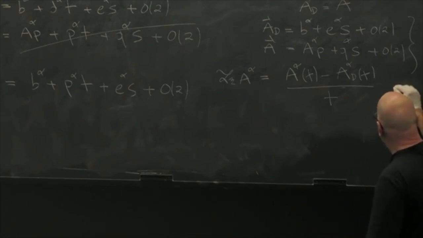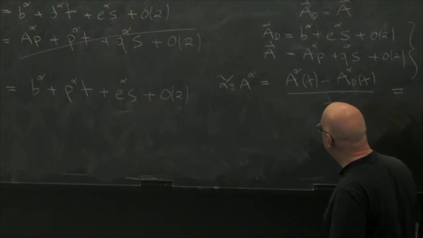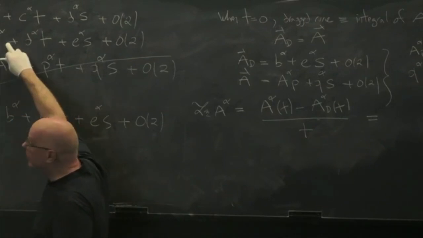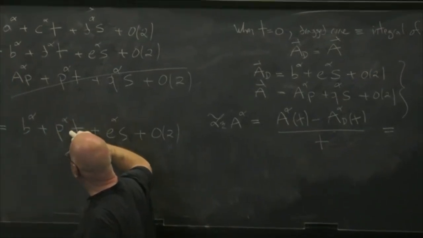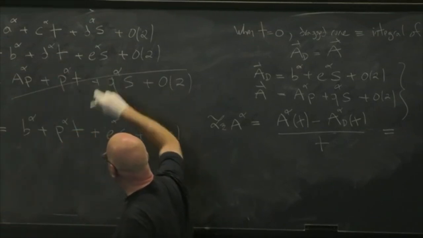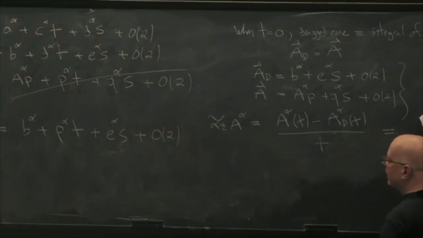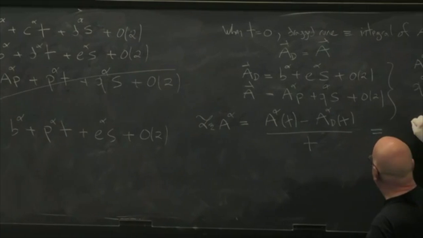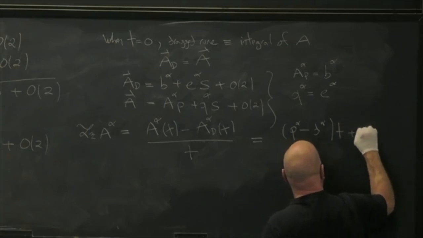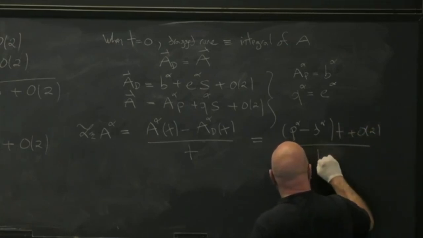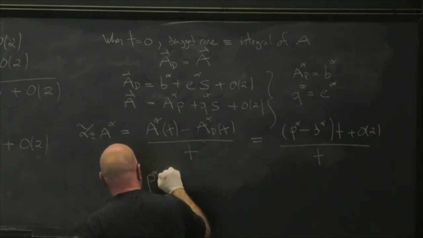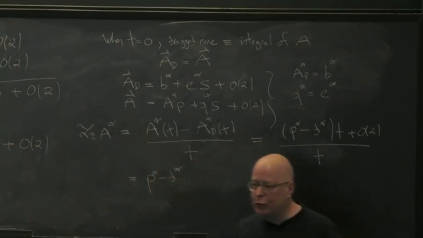So what do we have from here? Well, take the difference between the two vector fields. So we have the difference between this and that. So the B alphas will go away. We'll have P alpha minus D alpha times T, and those two things are the same. So when we take the difference, we're going to get P alpha minus D alpha multiplying T plus terms of second order divided by T. And in the limit, according to the definition of Lie derivative, we're going to get the difference between those two expansion coefficients.